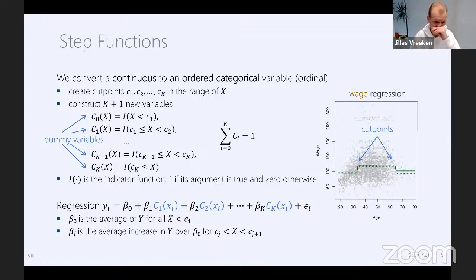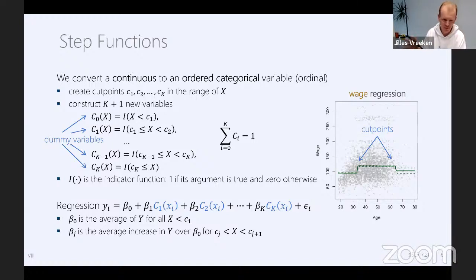Effectively, we now have a problem where we can do regression, not over the original xi's, but over whether xi falls in C1, whether xi falls in C2, and so on. We can simply apply all the machinery you already know, love, maybe hate, but we don't have to do anything special. Is this model linear in the coefficients?